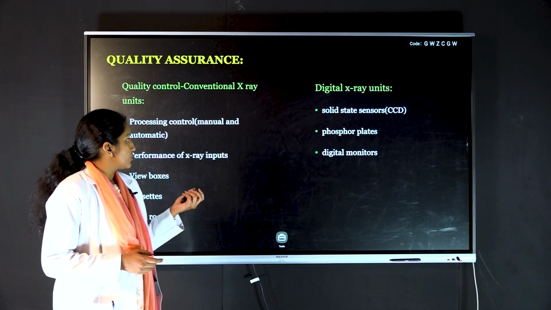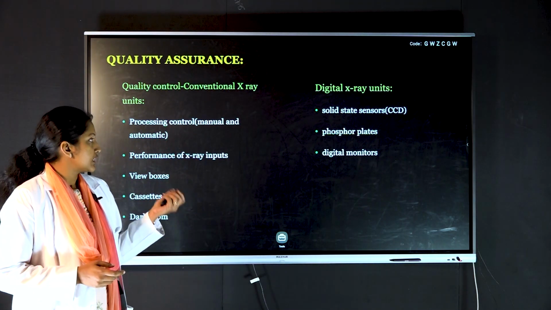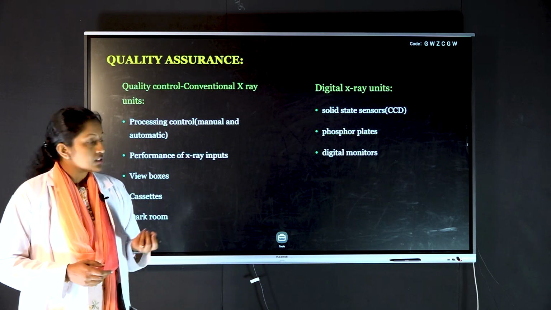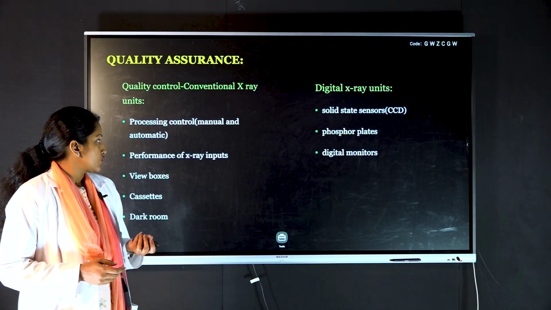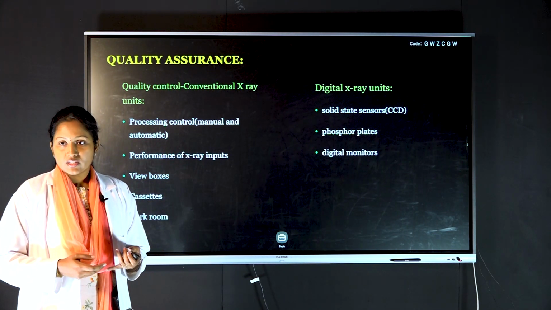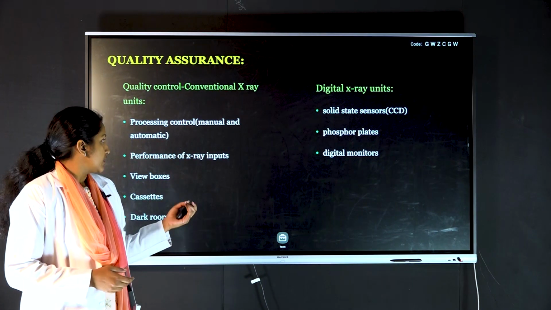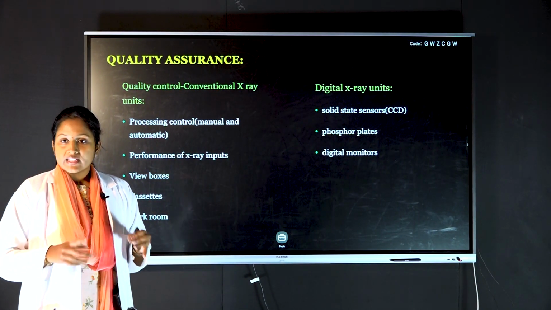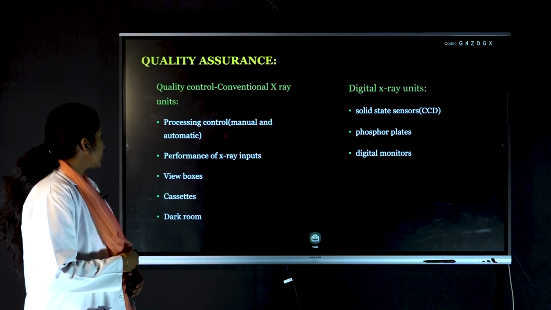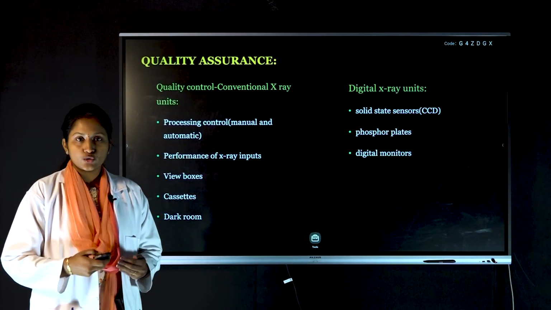There are also assessment protocols given for digital X-ray units, which include solid state sensors, phosphor plates, which are those used as sensors in digital radiography, and also to assess the digital monitors. All these come under the quality control tests.